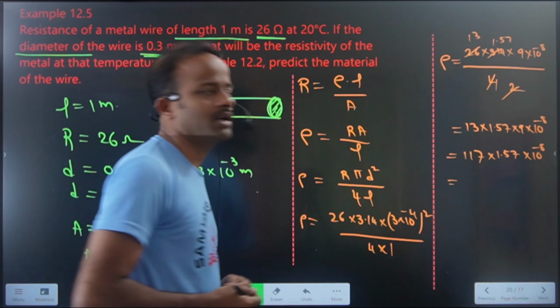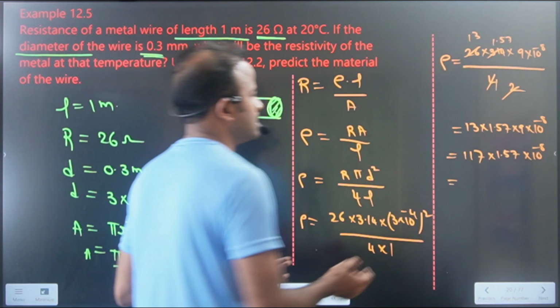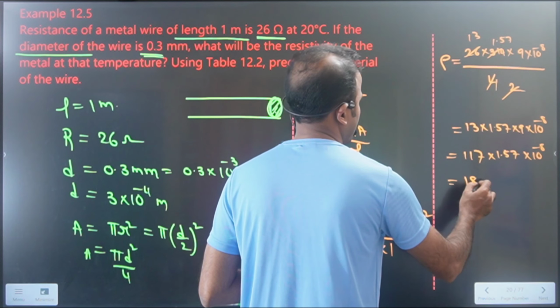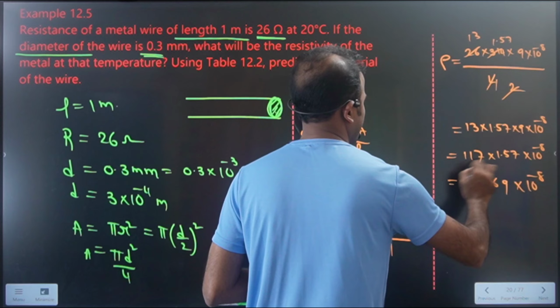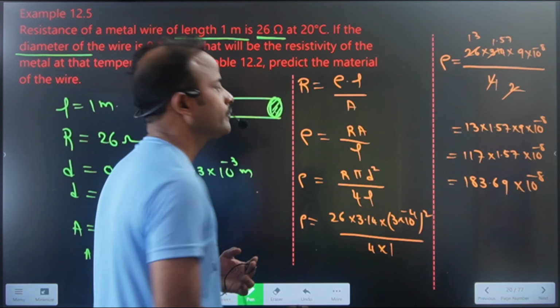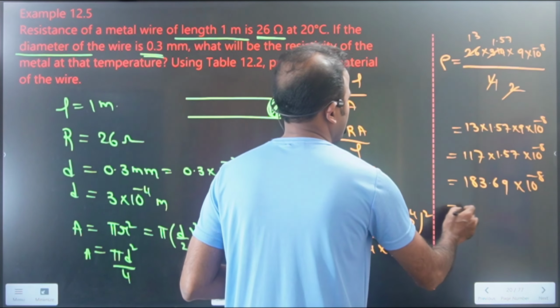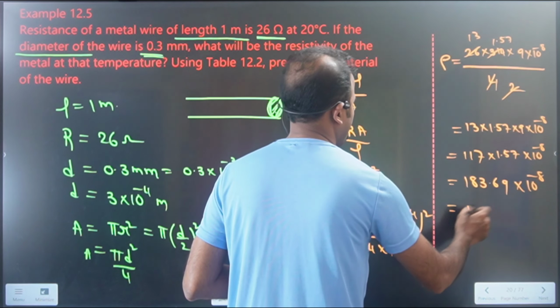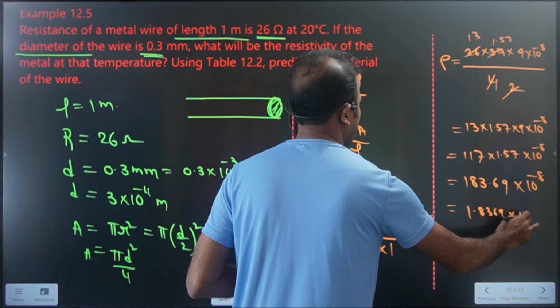Multiply 117 into 1.57, and you will get a value of around 183.69 into 10 to the power of minus 8. So adjust the decimal up to 10 to the power of minus 6. You take here 1.8369 into 10 to the power of minus 6.